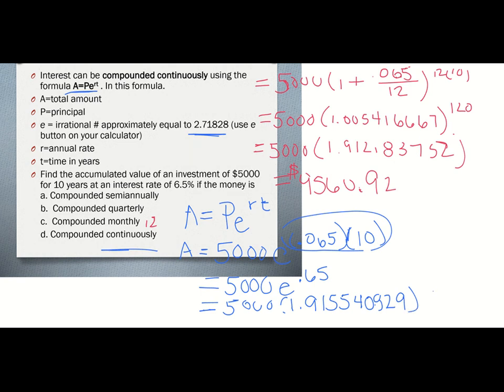And my final answer is, I'm going to put it up here so I have more space, $9,577.70. And that would be compounded continuously. And that's the only time you'll use that formula of A equals P times E to the RT power.